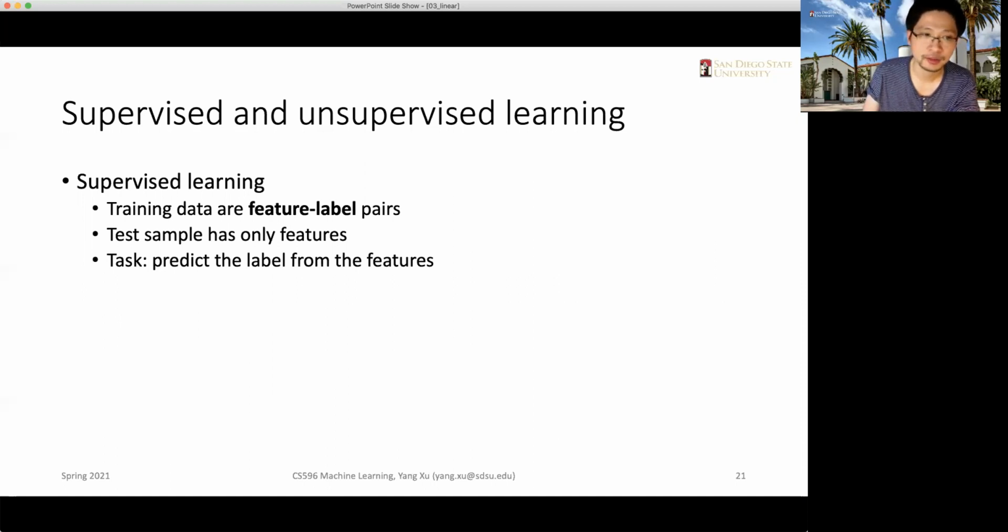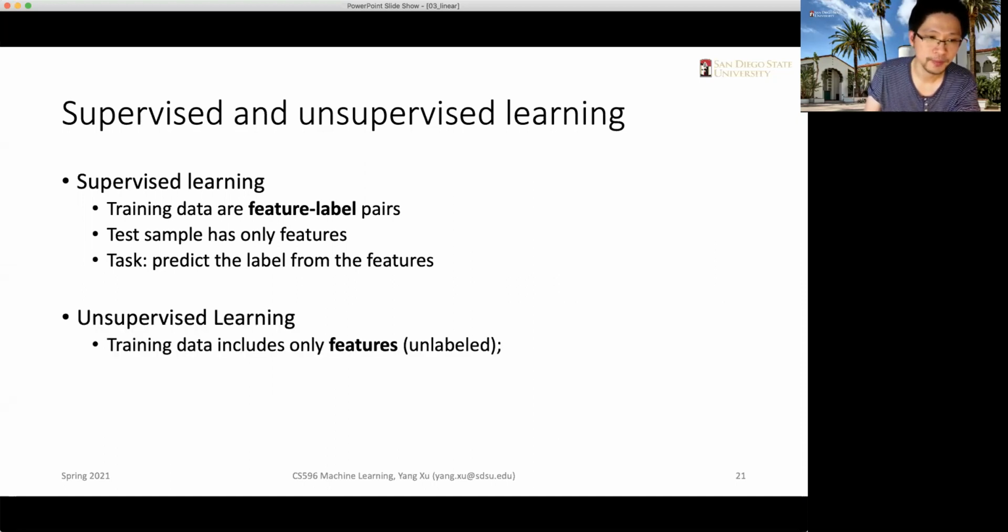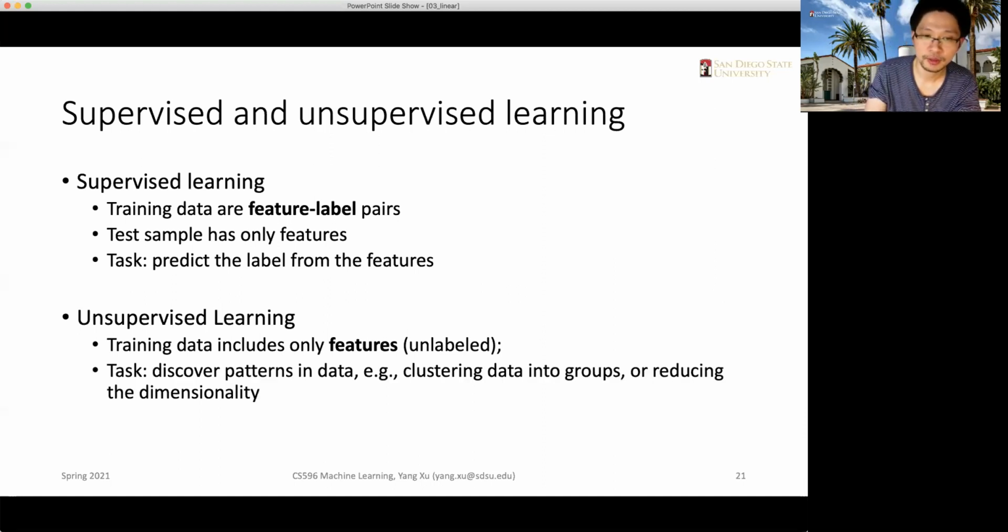While on the other hand, in unsupervised learning, the training data includes only features and they are not labeled, okay? And the task becomes a different task, which is to discover the patterns in data, right? For example, to cluster data into groups or to reduce the dimensionalities, okay?